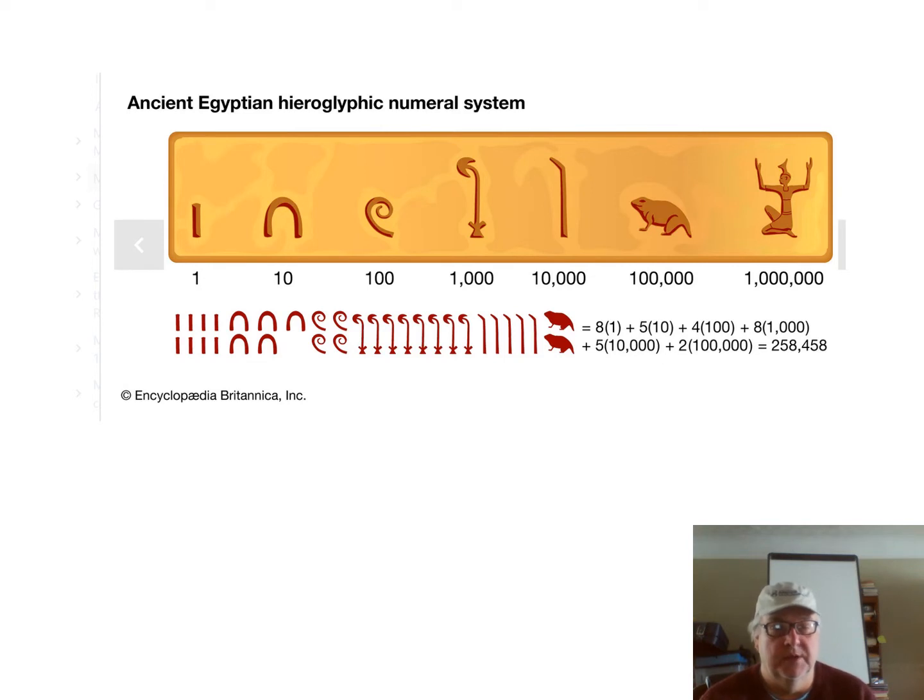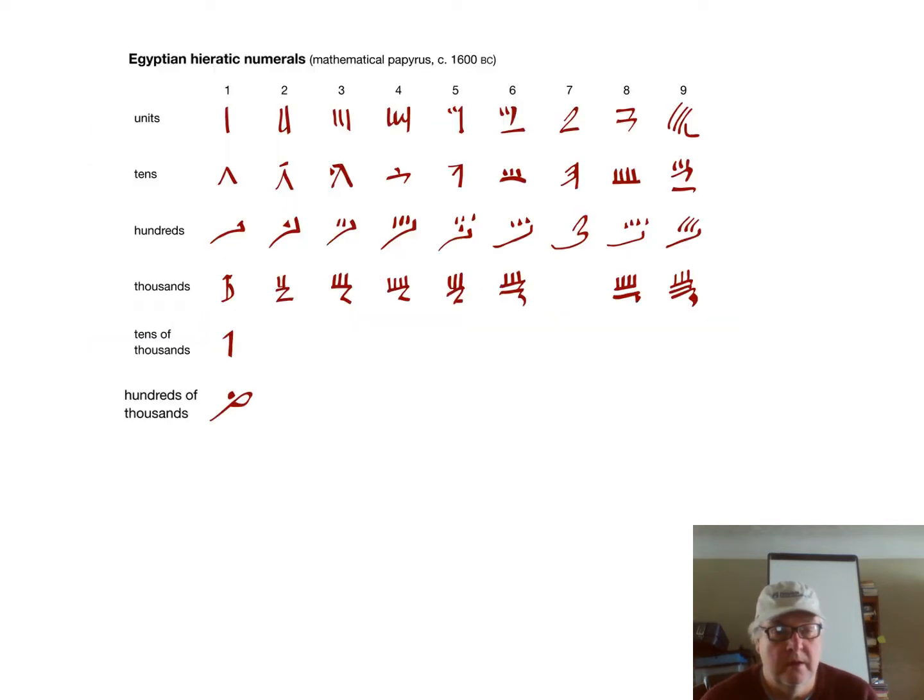And this is the ancient Egyptian numerical system. These symbols represent numbers. And this is also another number system notation they used.